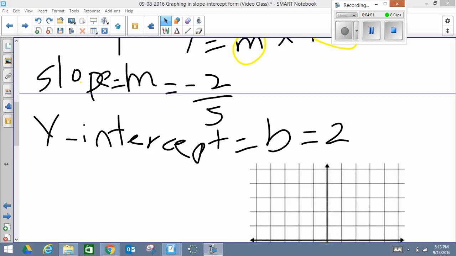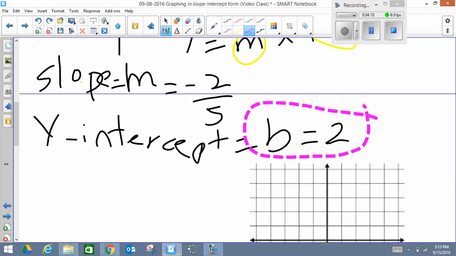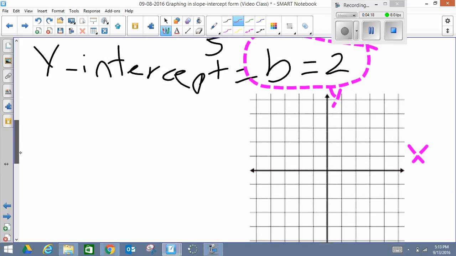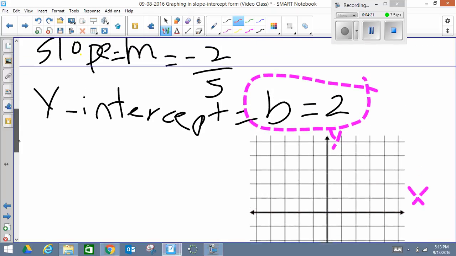My first step to graph, when I'm graphing in slope-intercept form, the first thing that I do is plot the y-intercept. Remember, this is your y-axis and the horizontal is your x-axis. So I need to plot my y-intercept. I'm going to go to the y-axis, and my y-intercept is 2.